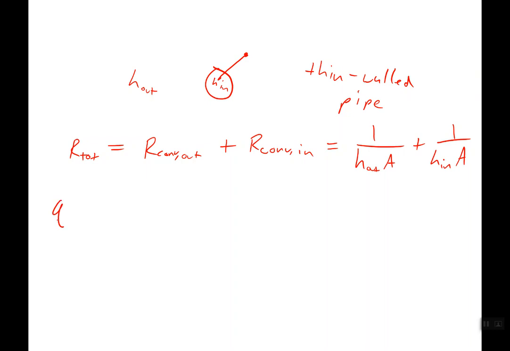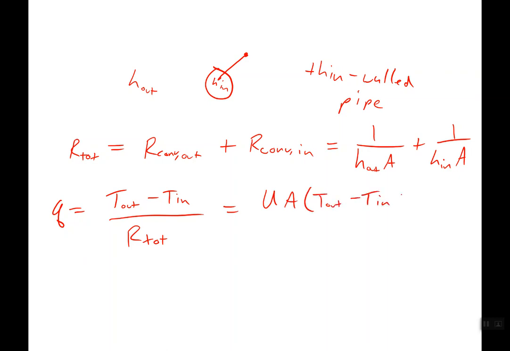Okay, then we get our Q is equal to, let's assume it's a heated pipe, so our T out minus our T in divided by the total thermal resistance. We could also express that as UA times our temperature out minus our temperature in.